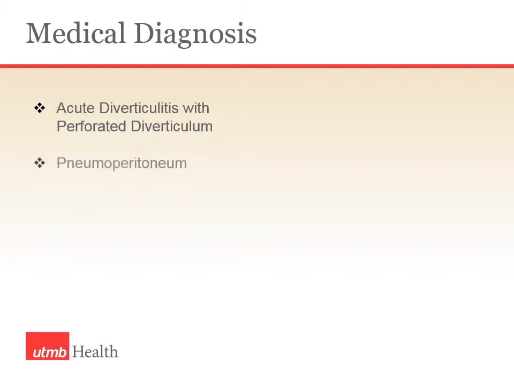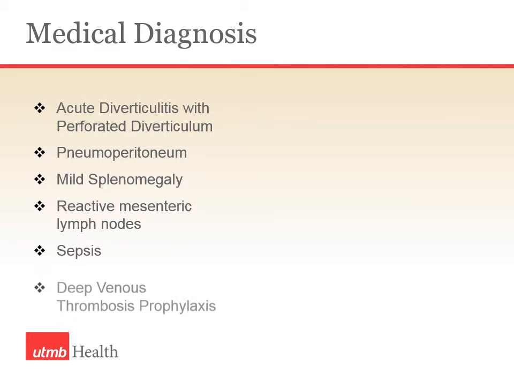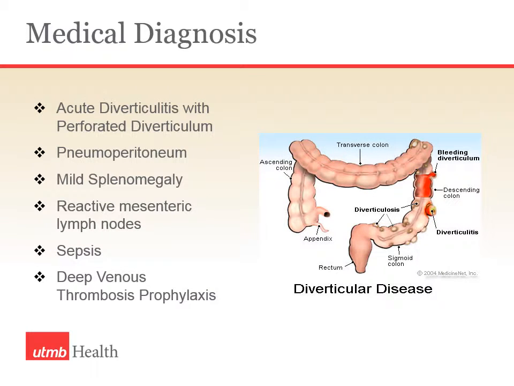The medical diagnosis was acute diverticulitis with perforated diverticulum, pneumoperitoneum, mild splenomegaly, reactive mesenteric lymph nodes, sepsis, and deep venous thrombosis prophylaxis. So the inflammation spread to his spleen, and it caused sepsis and more spread of infection, and he started to get blood clots.